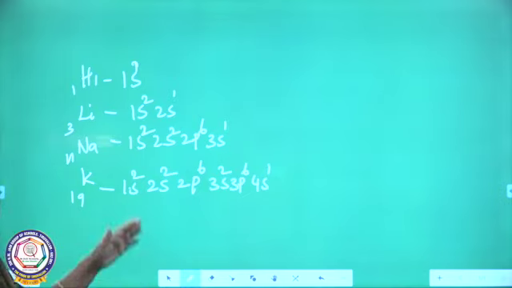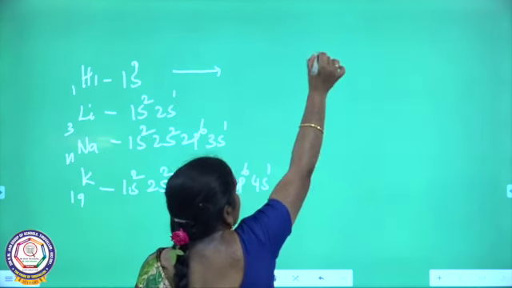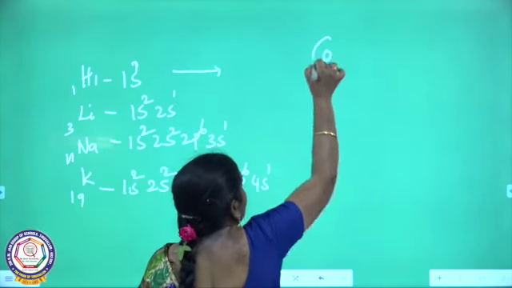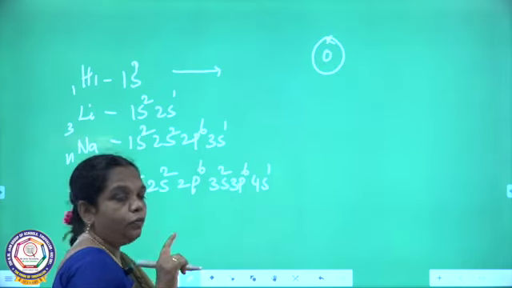Now, what is increasing? The valence shell is increasing. First, coming to hydrogen, this is the nucleus with only one electron, so the valence shell is only 1.